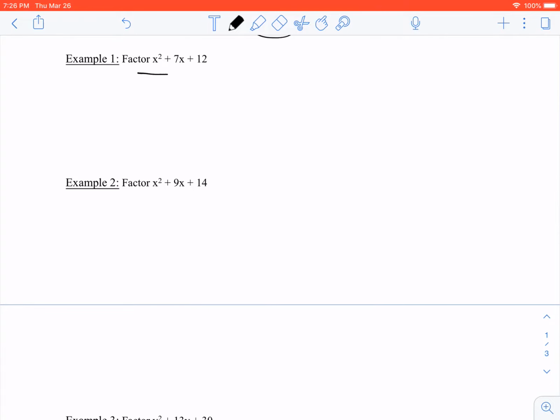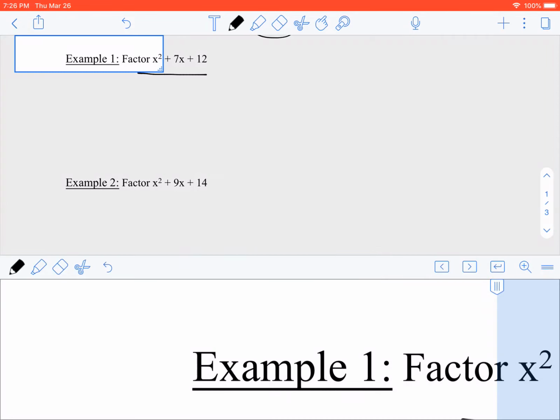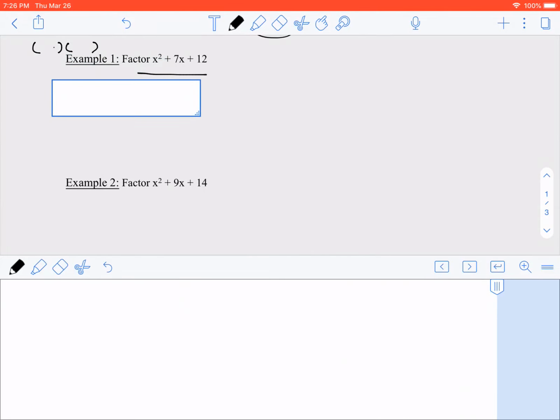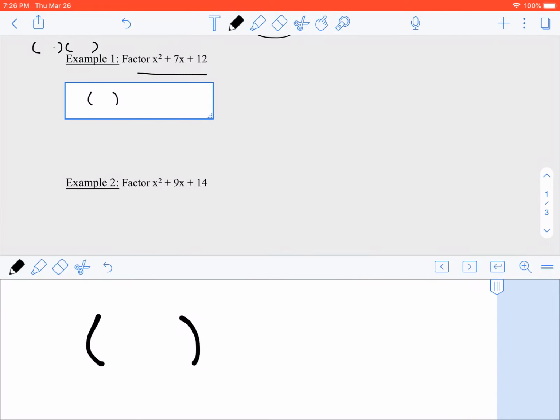Here's a quadratic. We want to know two binomials that make up that x squared plus 7x plus 12.